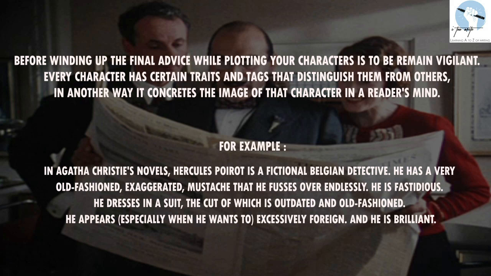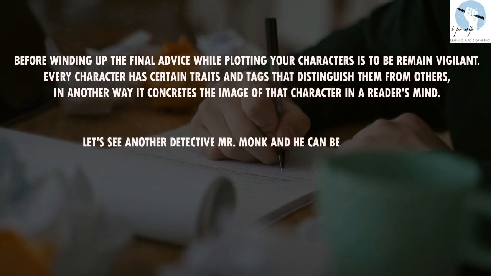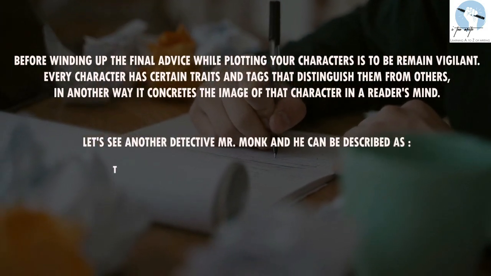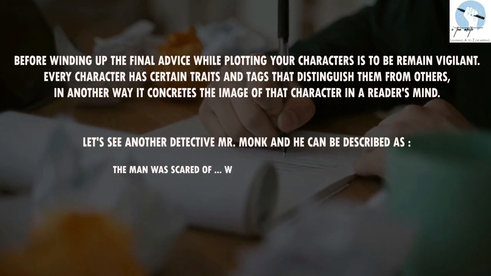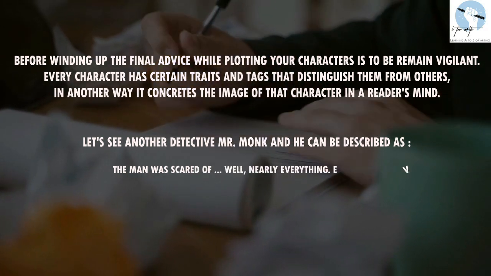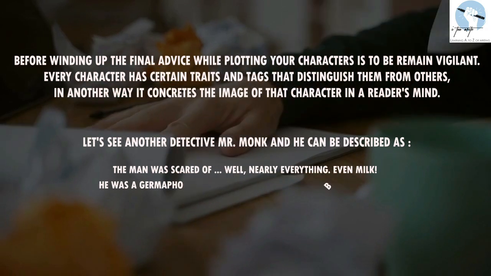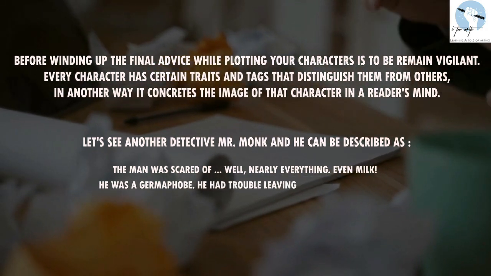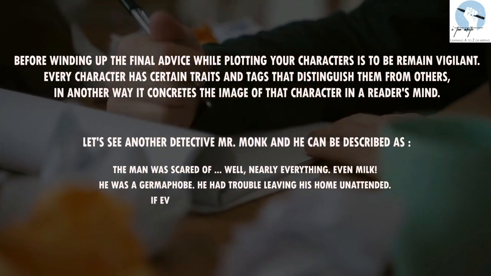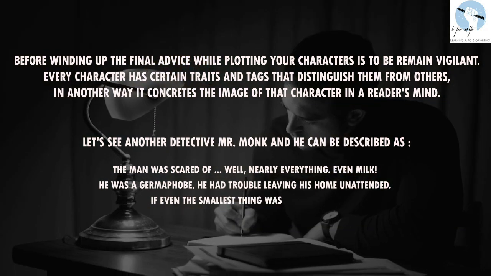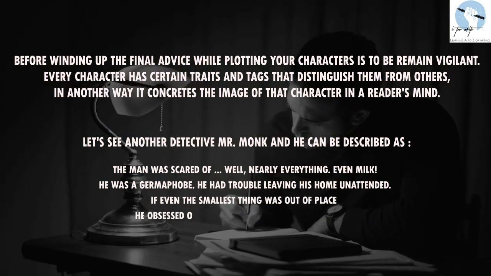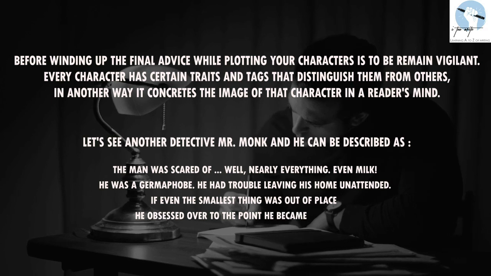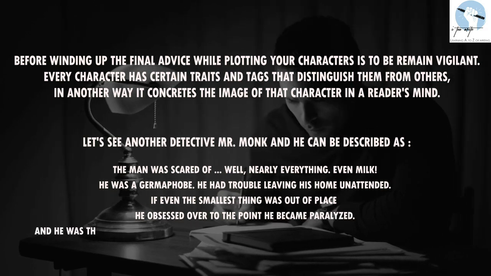And he is brilliant. Let's see another detective, Mr. Monk, who can be described as: the man was scared of, well, nearly everything. Even milk. He was a germaphobe. He had trouble leaving his home unattended. If even the smallest thing was out of place, he obsessed over it to the point he became paralyzed.